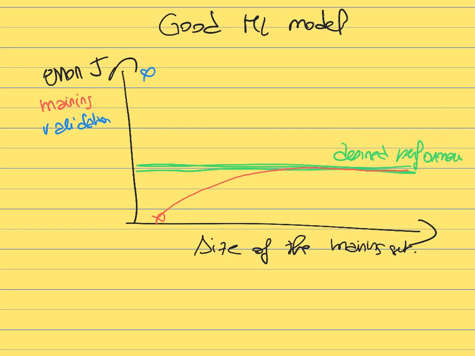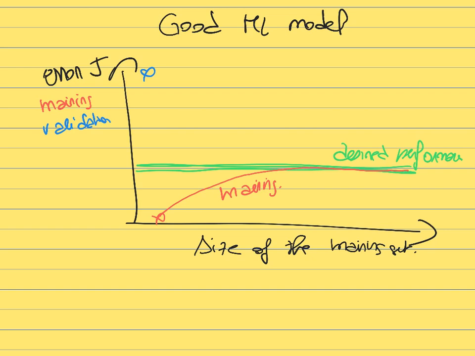If your error for the training set is lower than that, then it's not a good sign. It means that your model is actually overfitted. So you don't necessarily want the training set error to be too low. That's a sign that there is something wrong with the model, that it's actually overfitted.